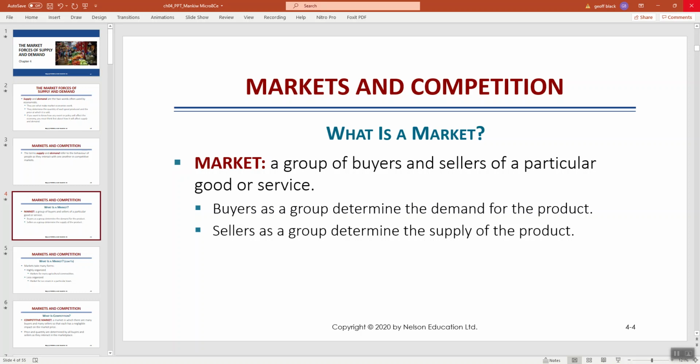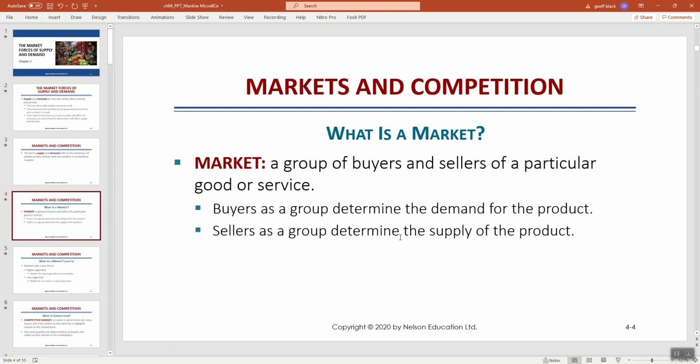Okay, so the buyers as a group determine the demand, and the sellers as a group determine the supply. So they're two separate forces. The buyers are the ones who determine the demand for the good, and that's a function of my preference, my budget, my allocation of resources.